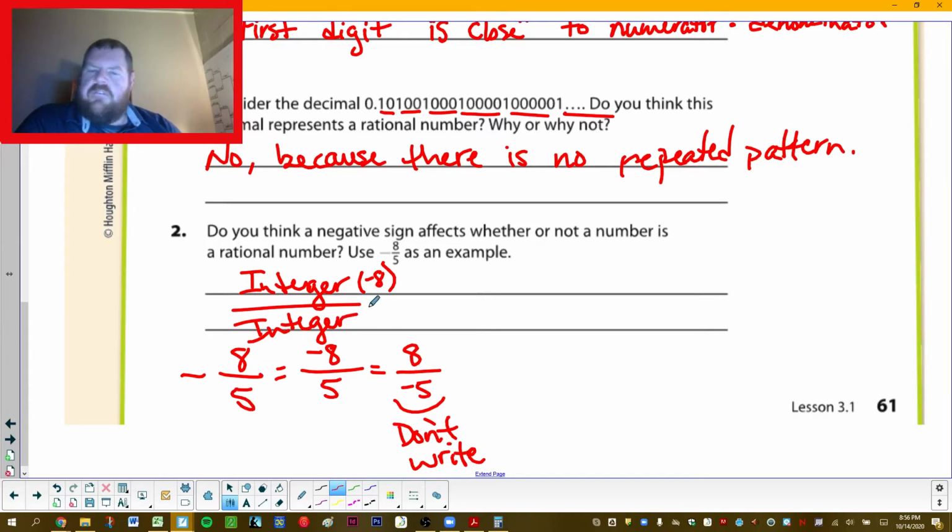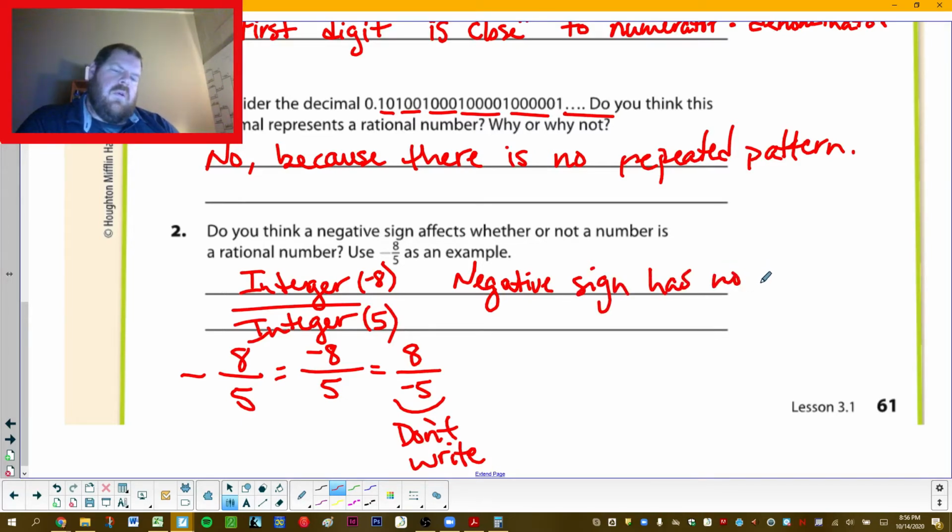What about 5? Same thing. It's a positive or negative whole number. So the negative sign has no effect. It's still a rational number, and we're good to go.